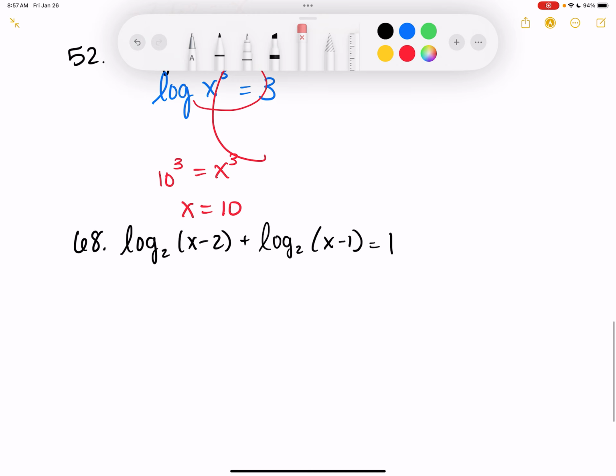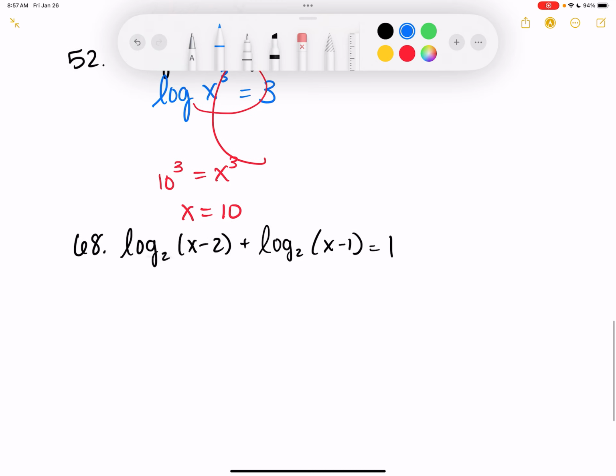So, you log base 2, x minus 2, x minus 1, and then you have to do the, you know what I'm talking about? FOIL? FOIL, yeah. So I'm going to combine these. They have the same base, and they're being added, so I can multiply these two things together.